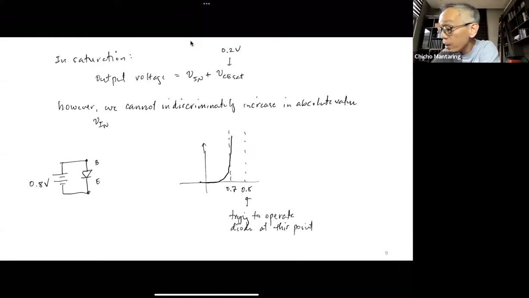When this Vin is already at negative 0.7, theoretically you should no longer increase the absolute value beyond negative 0.7. Wag na niyong paabutin ng negative 0.8 or negative 0.9. Kasi ang nangyayari, you're already pushing the base emitter diode to operate at a very, very high current, which will surely destroy your transistor. So I just wanted to mention that.